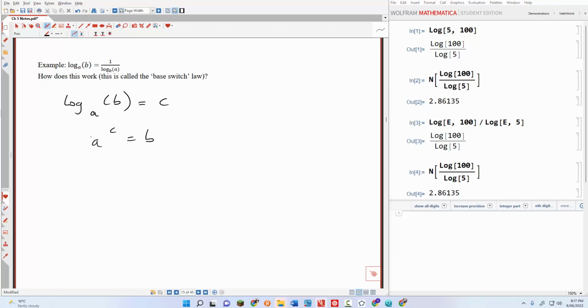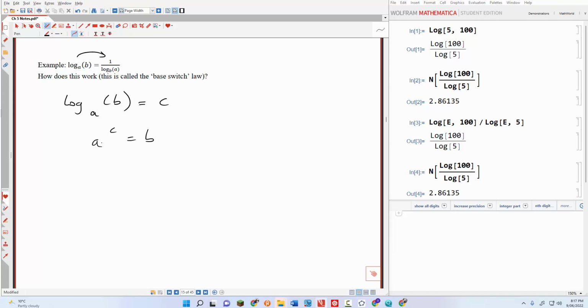And now what I'm going to do is take a log of both sides. Now the log I'm going to take of both sides, to make this look like this, I'm going to have to cancel out this side here, or it needs to become 1. So can you think of what log base I'm going to take to both sides?